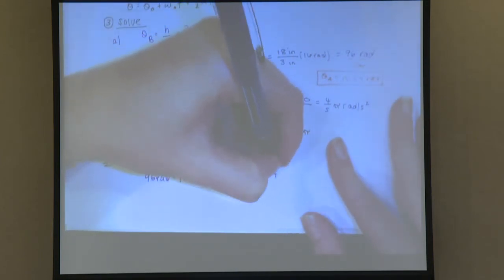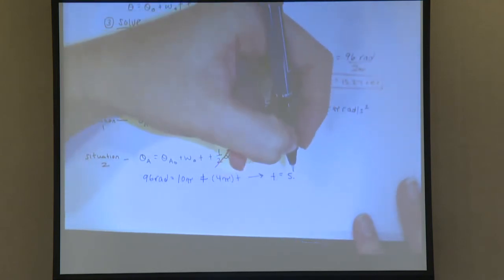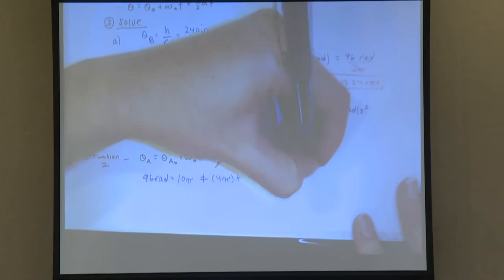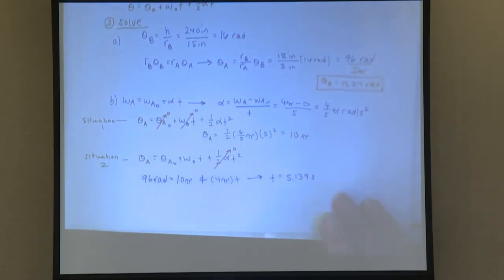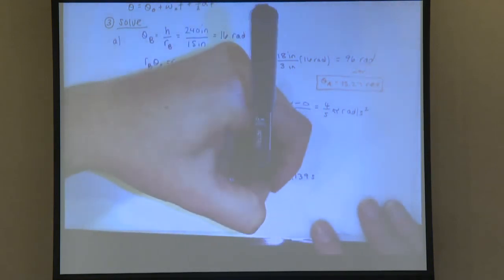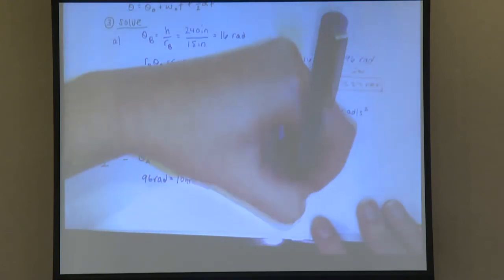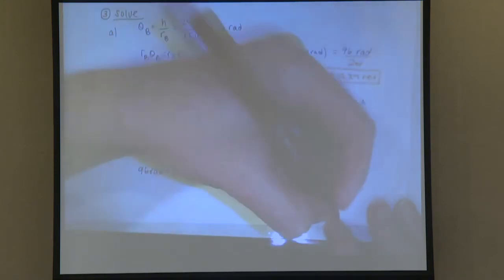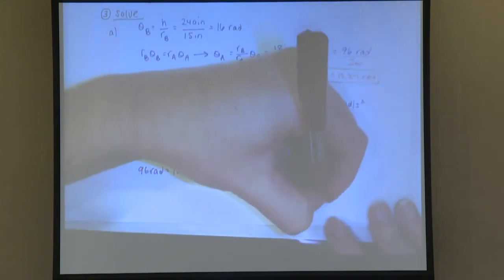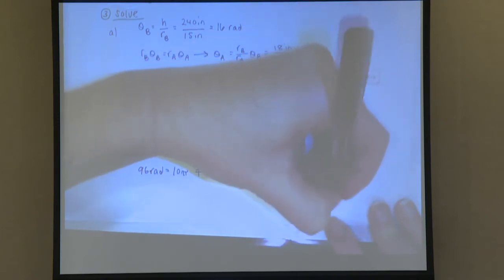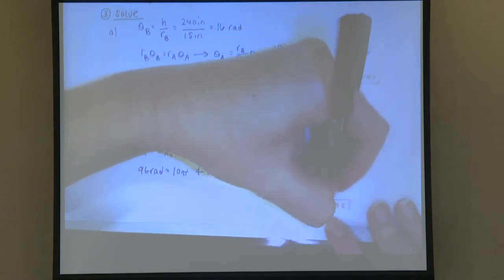So if you solve this, you should get t is equal to 5.139 seconds. So we know that situation 1 takes 5 seconds, situation 2 takes 5.139. So the total time is going to be 5 plus 5.139 seconds. So t total is 10.14 seconds.